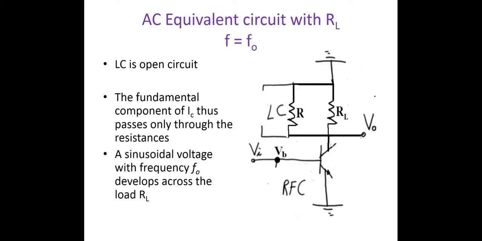So at f equal to f0, LC will be an open circuit. So now the fundamental component of IC will pass only through the resistors. This will result in a sinusoidal voltage across RL.